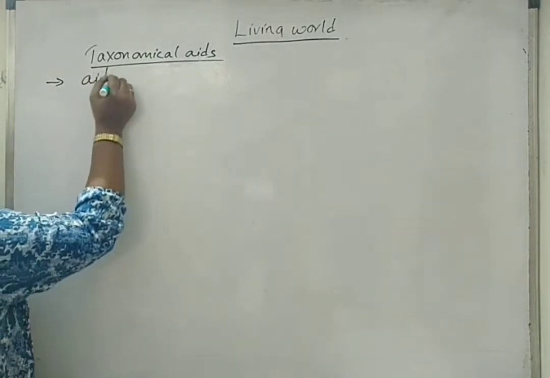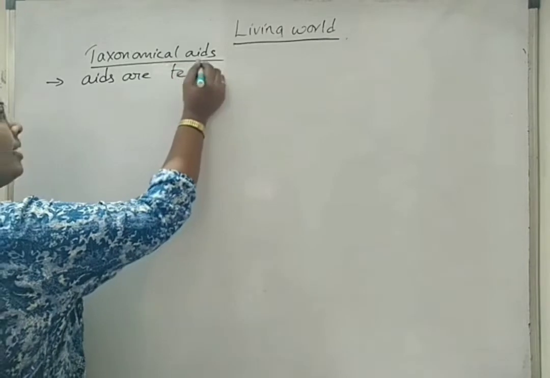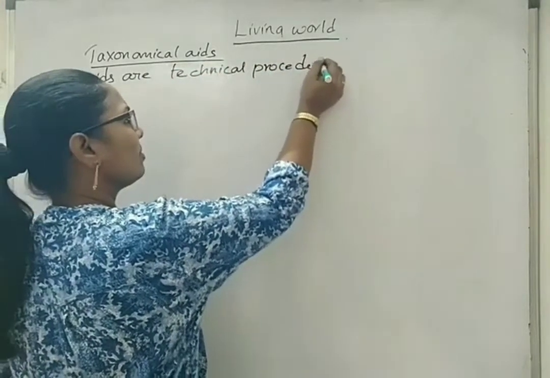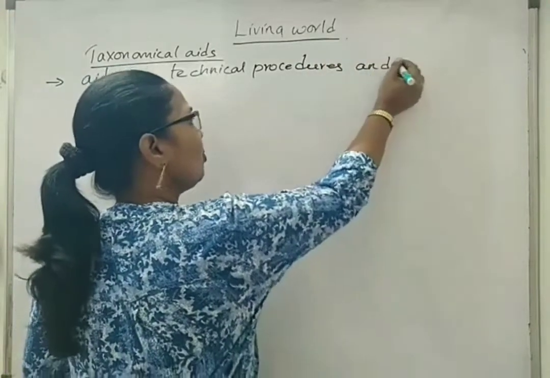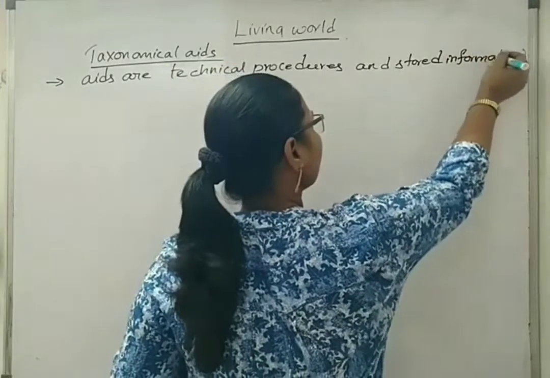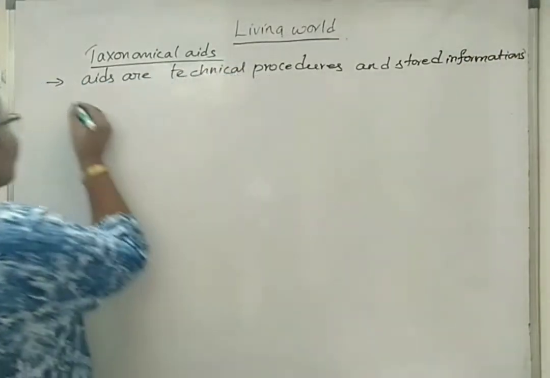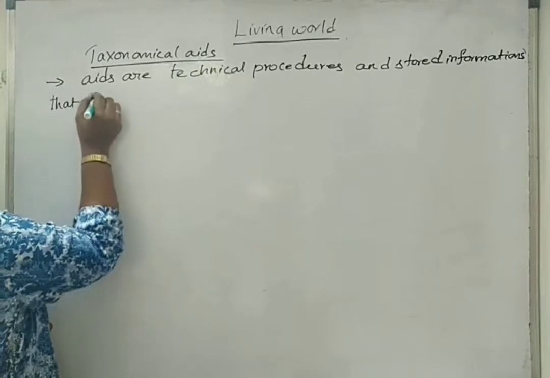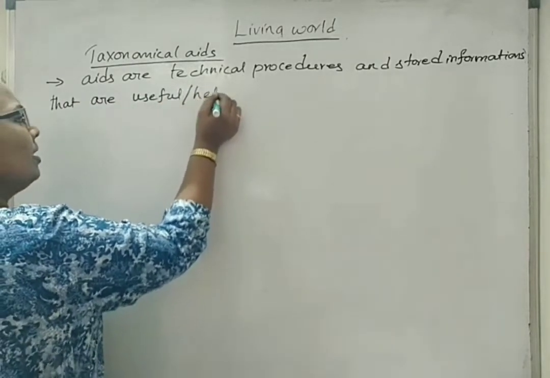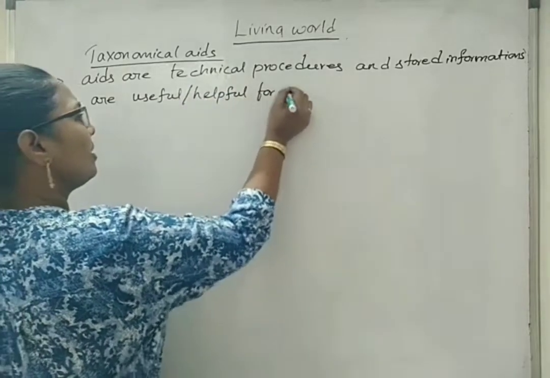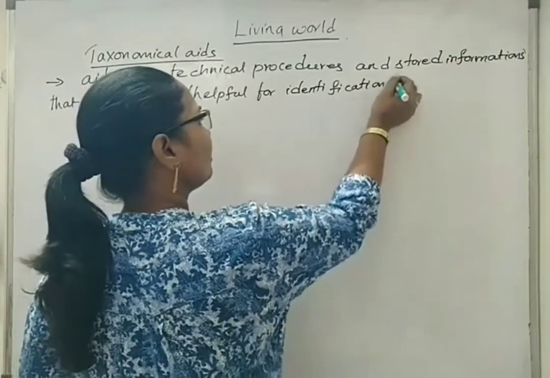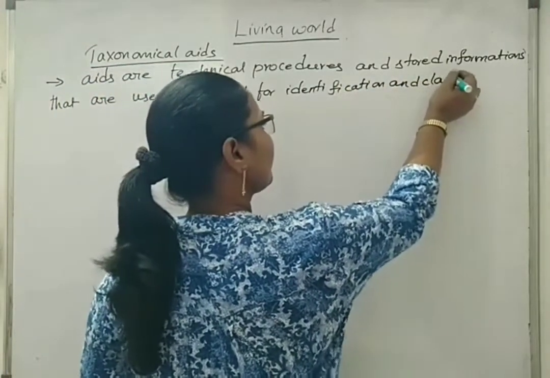Taxonomical aids are technical procedures and stored information that are useful for identification and classification of organisms.